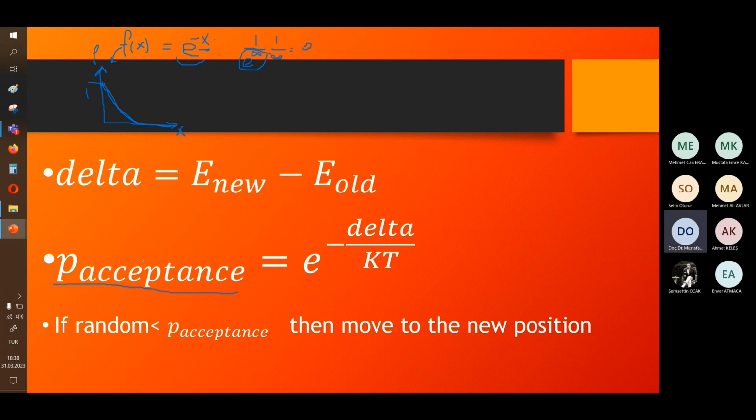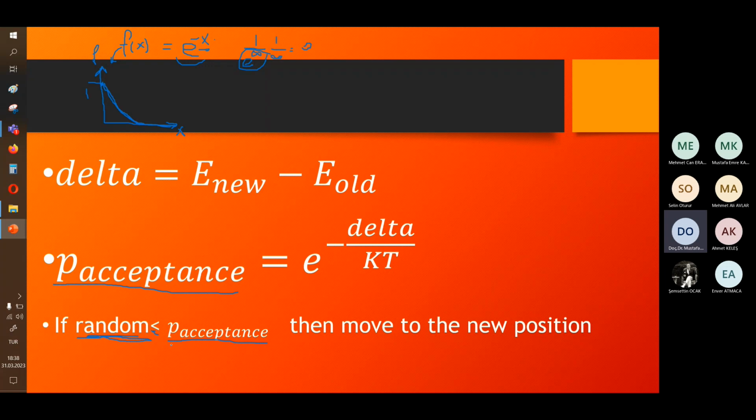Now, in order to accept or reject a bad solution, we should throw a random number. If it is smaller than, and also equal to, let's put equal, the acceptance threshold value, whose formula is given here, then we will be accepting this solution.